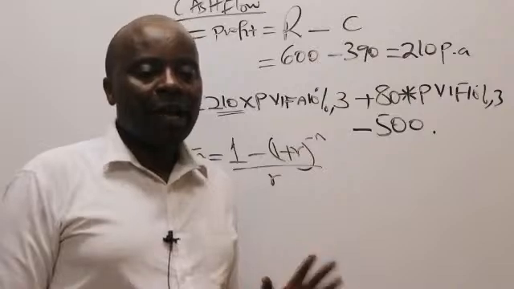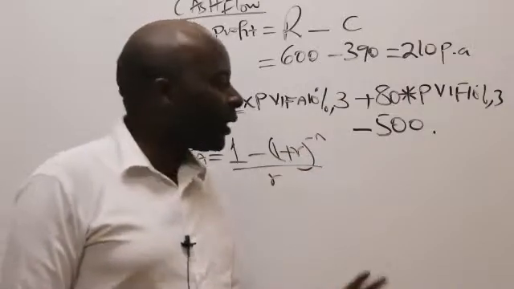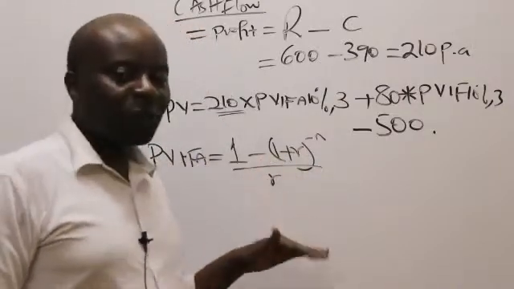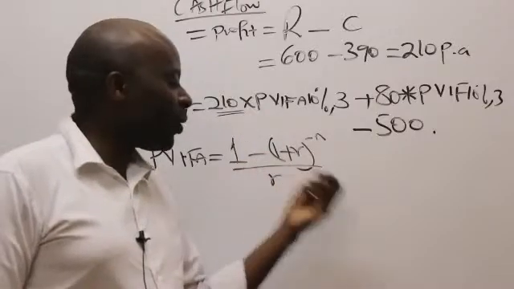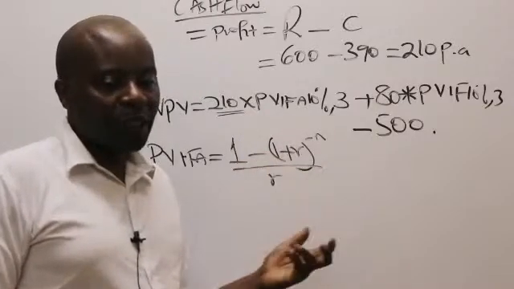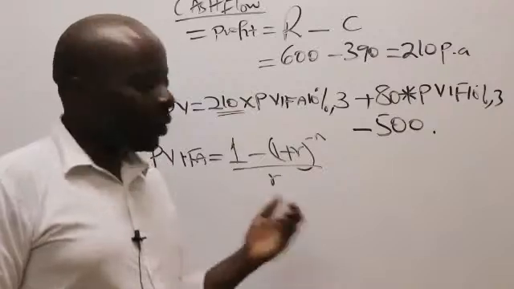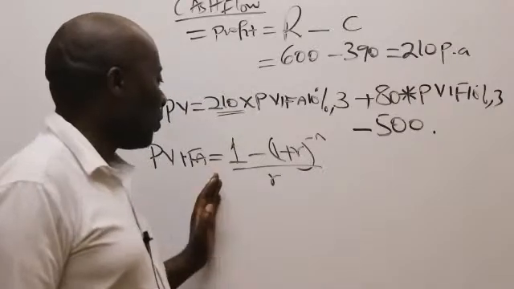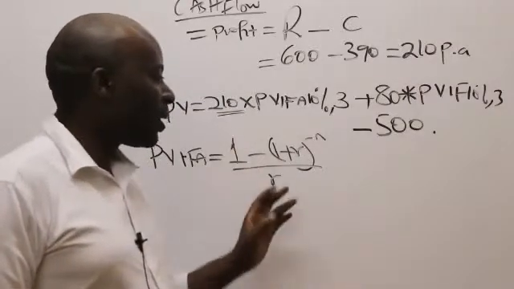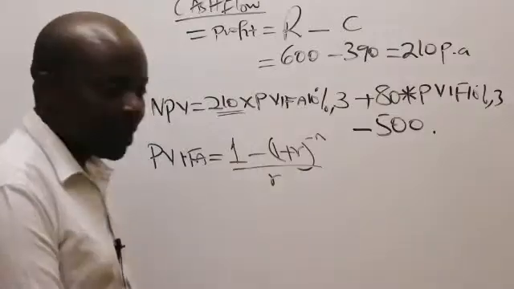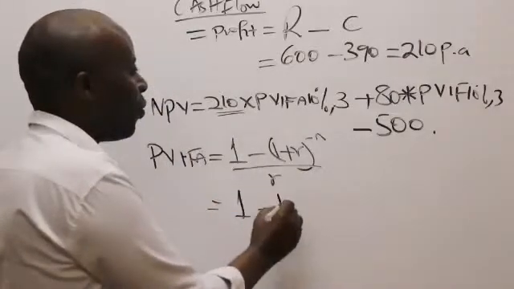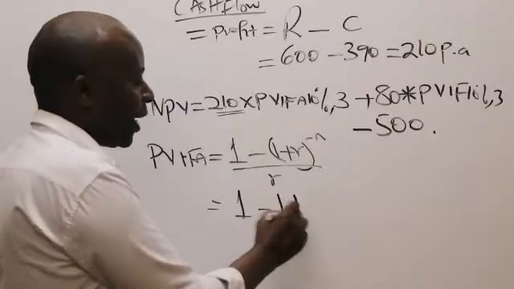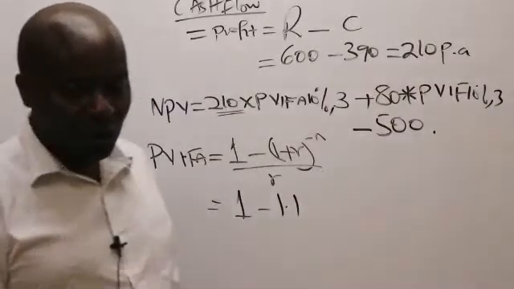I always make sure that I master the formula, because in section 5 most probably they'll give you a discounting rate which is not within the table. So PVFA is 1 minus (1 plus R) raised to negative N, over R. Here it will be 1 minus 1.1, because they gave us the cost of capital.